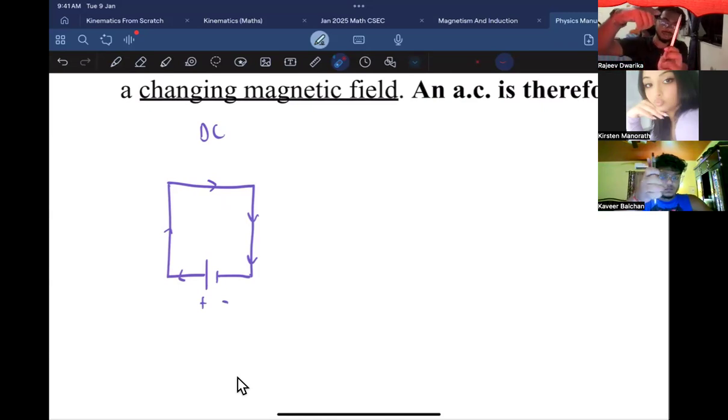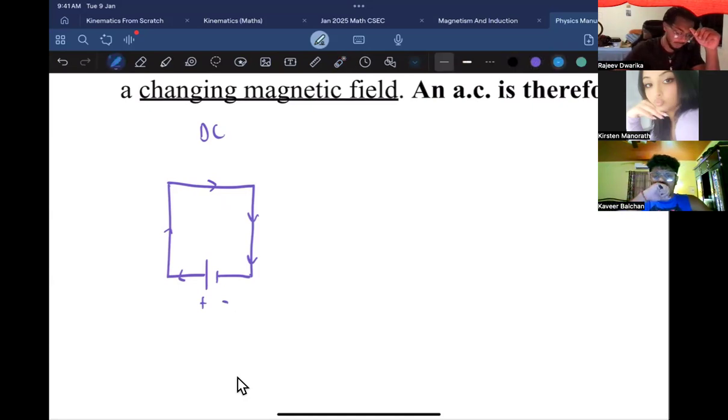That is anti-clockwise. So what that means is the magnetic field around the wire would be in that direction.